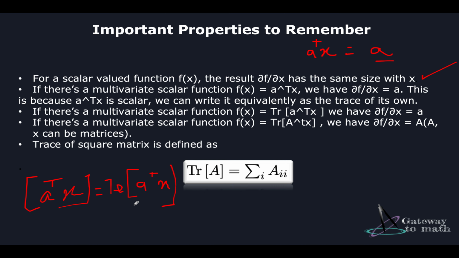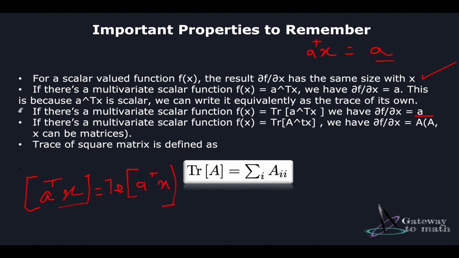And since this equals this, if we try to find the partial derivative of trace of transpose of a times x, we'll still get a in the output. Okay, if there's a multivariate scalar function f of x which is given as trace of transpose of matrix a times x, we have del f upon del x equals a. Here a and x can be matrices.